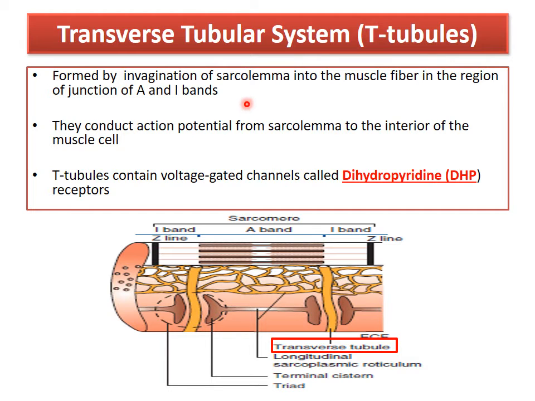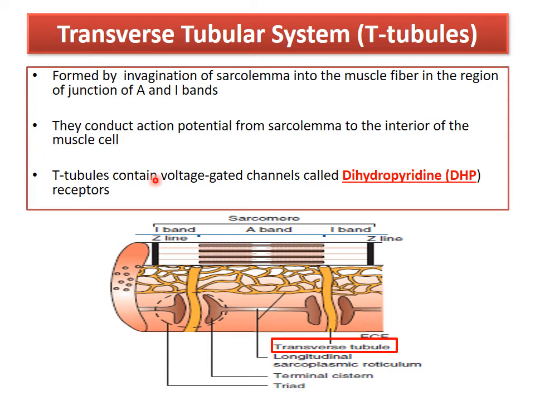You know the structure of the skeletal muscle. This is the I band, this is the A band, and at the junction of A and I band, here is present the T tubule. The function of the T tubule is that they conduct action potential from the sarcolemma to the interior of the muscle cell or myofibril.